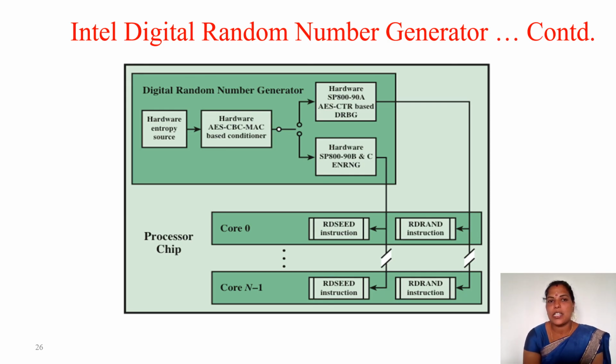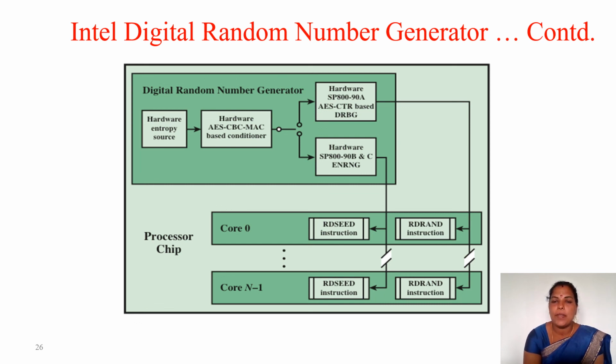So this is the architecture of the Intel digital random number generator. Here the input is the hardware entropy source. Then we apply an AES CBC-MAC, cipher block chaining message authentication code, based conditioner.